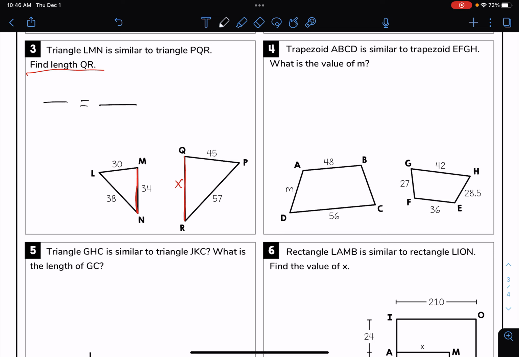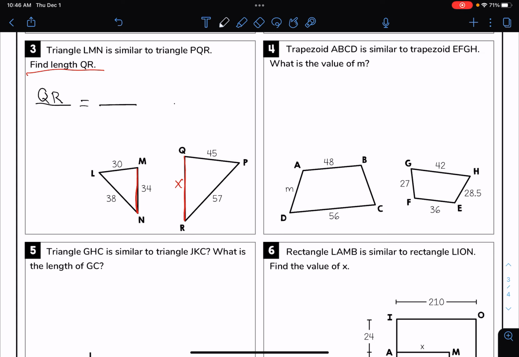So we're looking for QR. I don't know that side, so you can either use QR or you can use X. I'm just going to use QR since that's the one we're looking for.